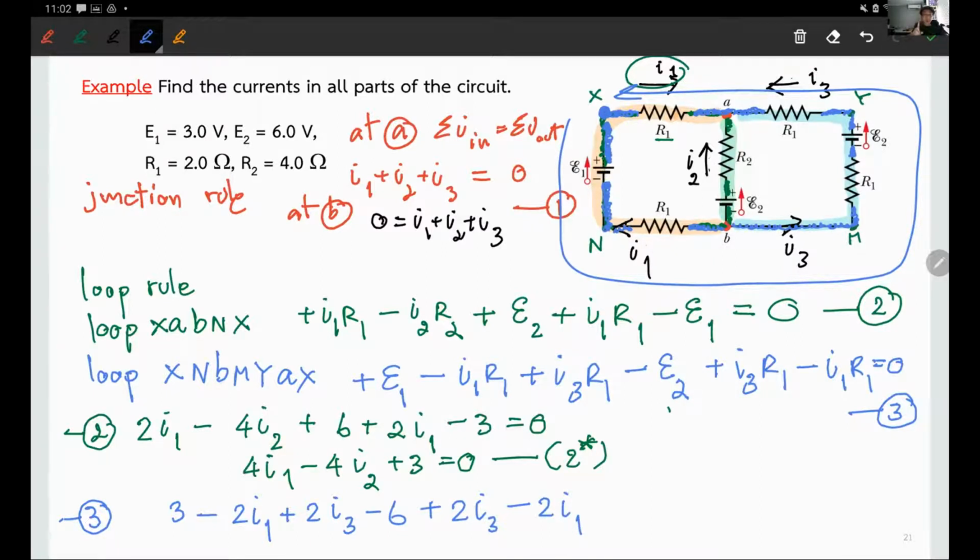I'm just substituting at this point. I try to go slowly to make sure I get everything correctly written. Now I'm at 4I3 minus 4I1 minus 3 equal to 0. That's my equation 3 star. Okay, very good. That's not bad.